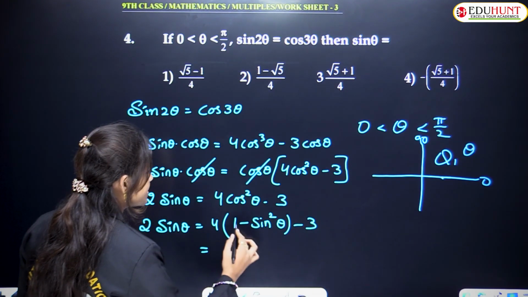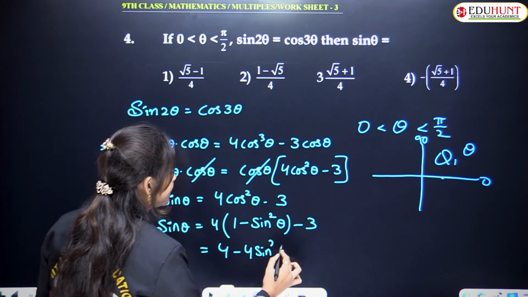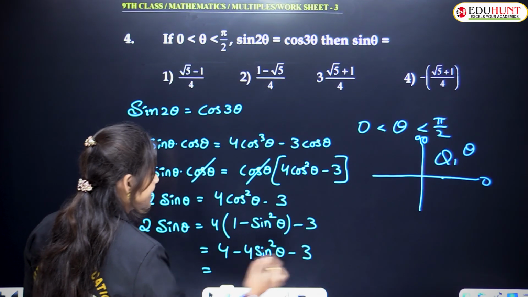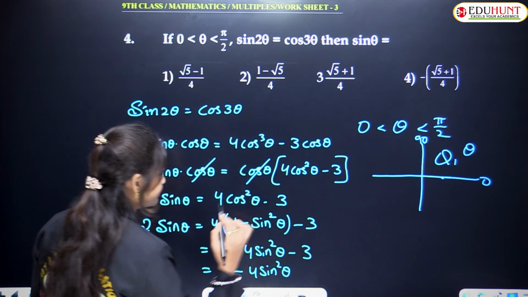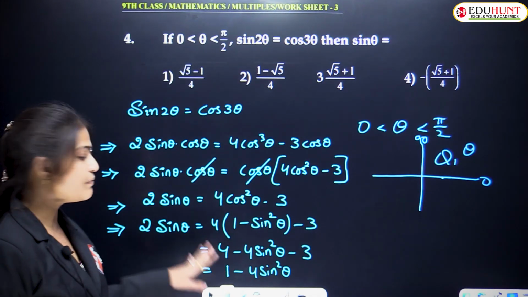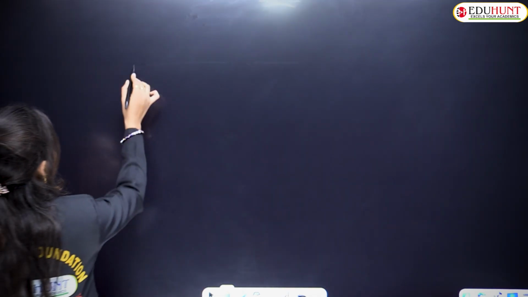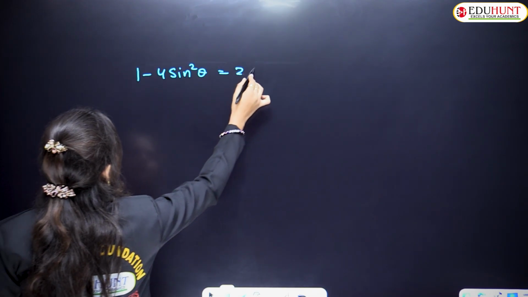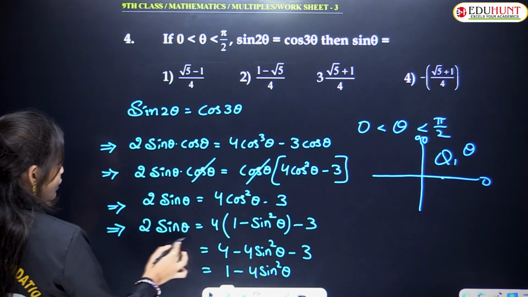So simplify this: 4 into 1 is 4, minus 4 sin square theta, minus 3. So 4 minus 3 is 1, minus 4 sin square theta. So here 1 minus 4 sin square theta is equal to 2 sin theta.